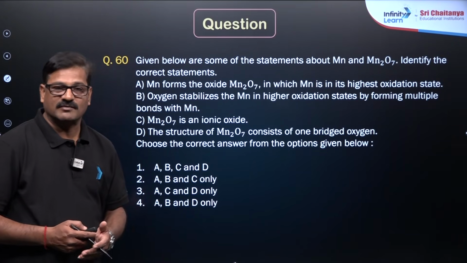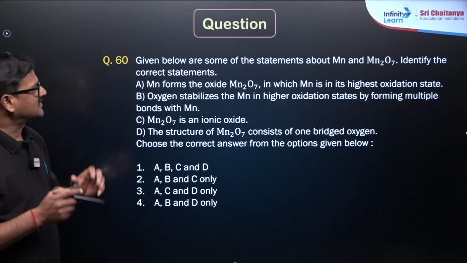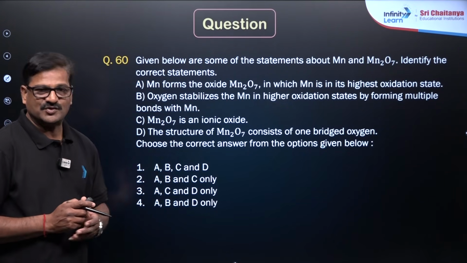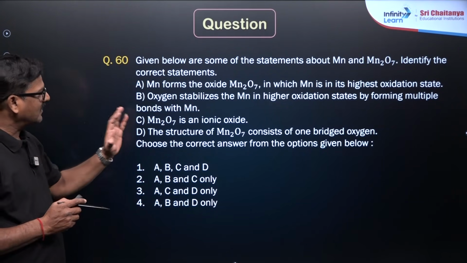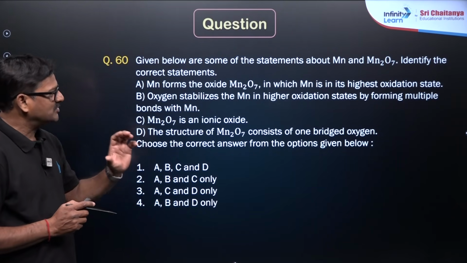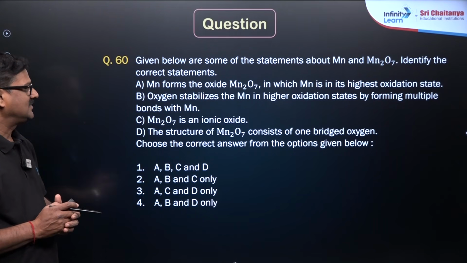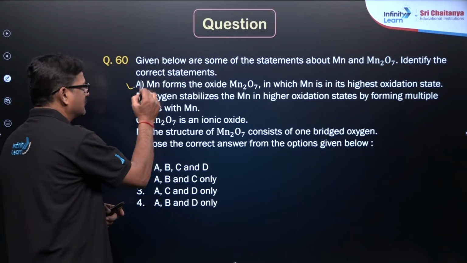Here is one more question. Given two statements about Mn and Mn2O7. Identify the correct statement. Mn forms the oxide Mn2O7 in which the manganese is in highest oxidation state. Yes, it is a true statement.